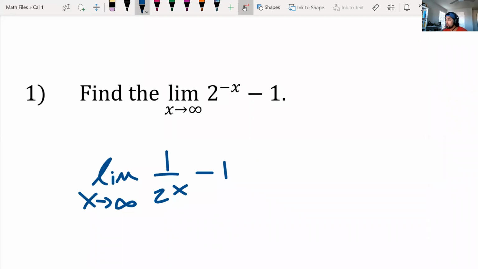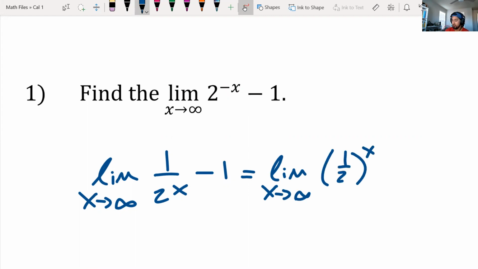And then you can rewrite it one more time just to make it look like an exponential base. So 1 over 2 to the x can also be rewritten as 1/2 to the x minus 1. They are all equivalent. And now, if you reference your limit laws above, we see that the limit as x approaches infinity of a to the x, with a being a base between 0 and 1, will head towards what number? 0.